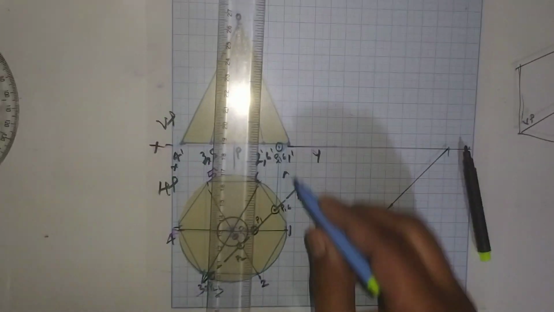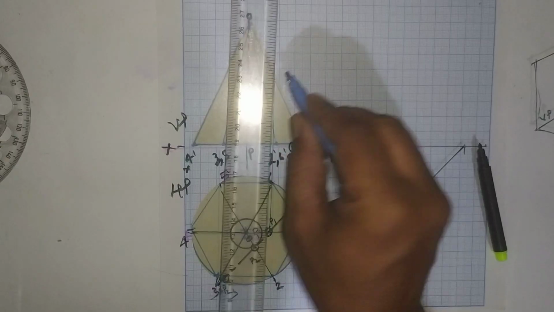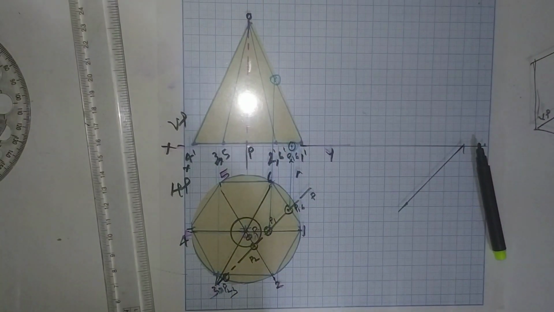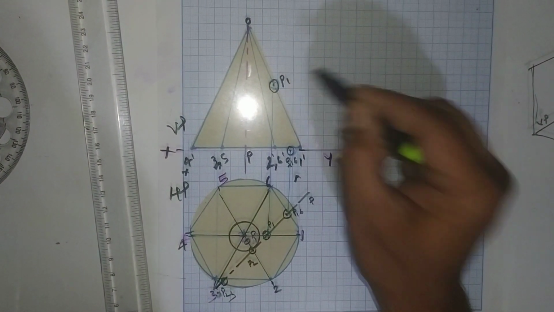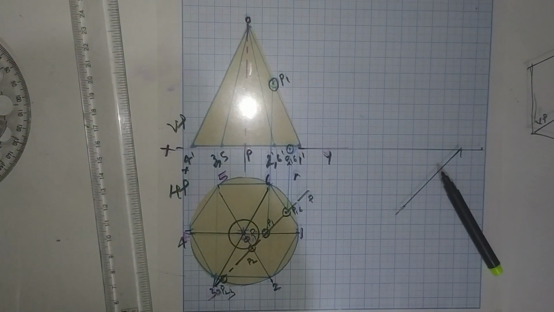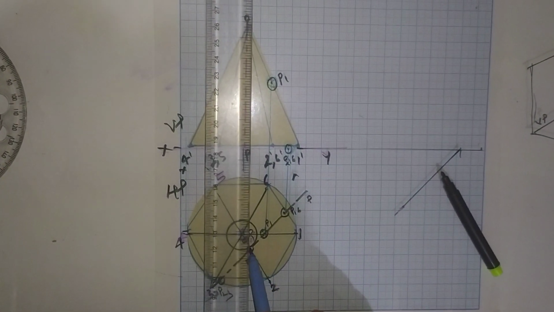Here is the O and here is the 1. Just produce it. This is the point P1 on O1. Produce another line here, the projection line, to take P2.